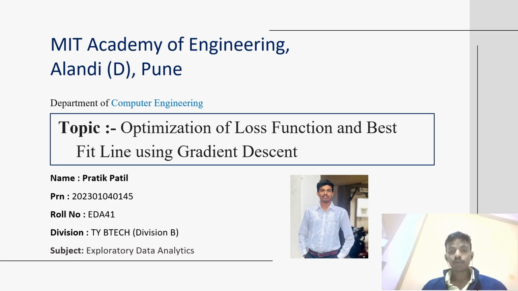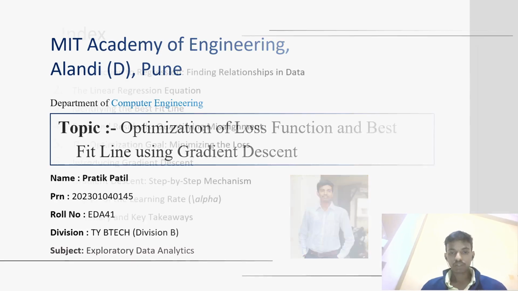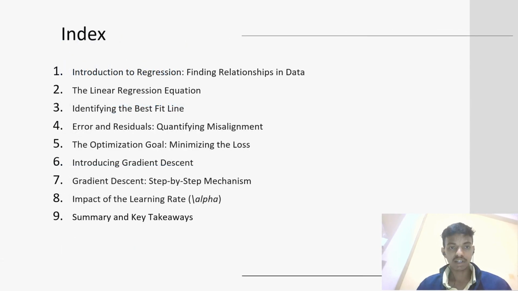Now we will move on to slide number 2, which consists of the index, what we are going to see in our PPT presentation. First, we will be introducing regression, finding relation in the data. Second, we will see the linear regression equation.